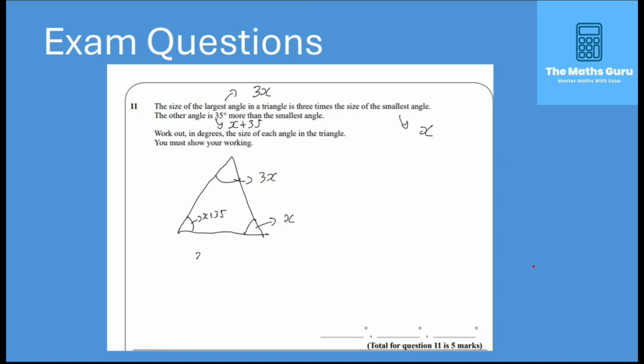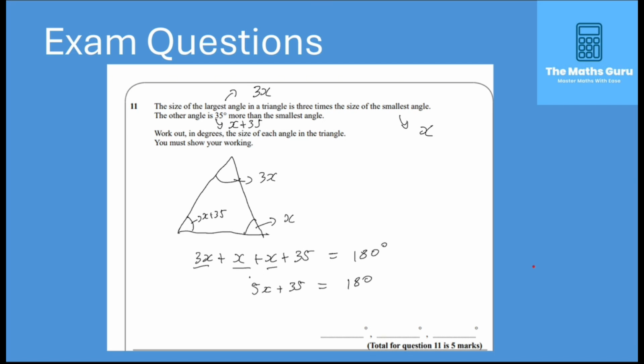Okay, then we do 3x, add x, add x, add 35 is equal to 180 degrees. Then we collect like terms, all the x's, and we do 5x, add 35 is equal to 180. We want to get all the letters on one side and all the numbers on one side.